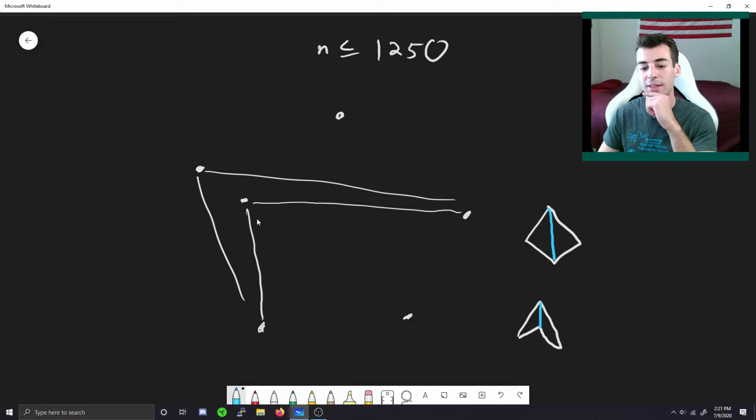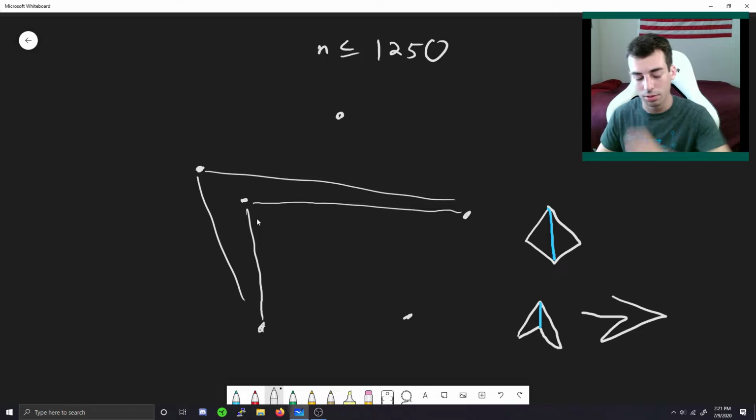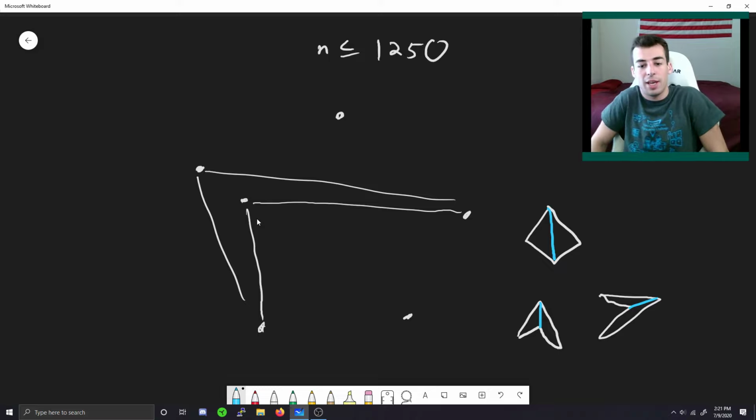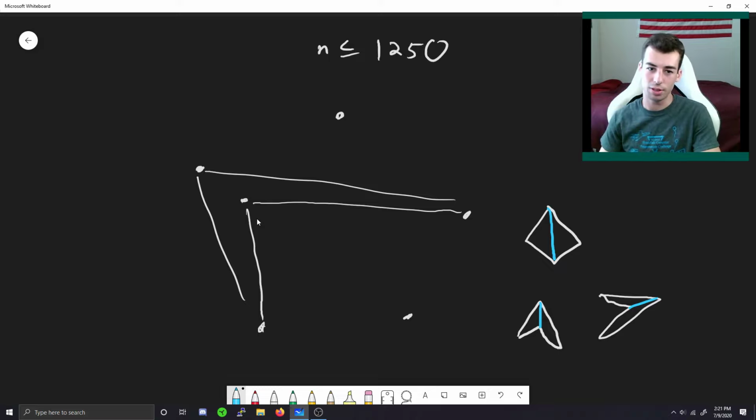There's always some diagonal that doesn't intersect the quadrilateral, even if it's concave. So it could look like this. It might also look kind of the opposite, like this. But in this case, you just pick the other diagonal. So that's always possible to do, and you can convince yourself pretty easily with a little bit of work on paper.